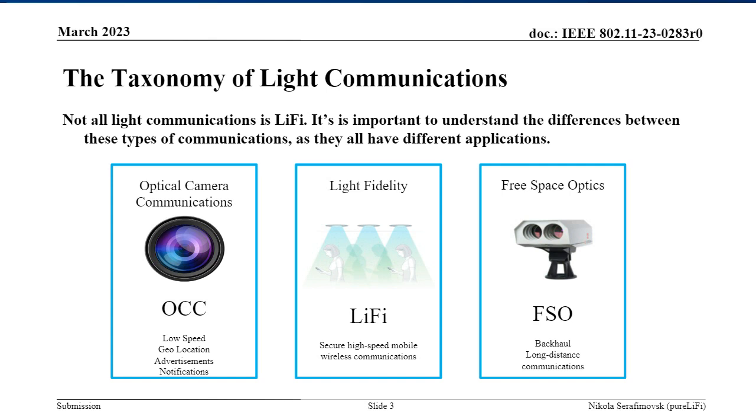This is typically called optical camera communications. Then there's Li-Fi, which is what we mean in 802.11bb by light communications, which is high-speed, secure, mobile wireless communication, effectively providing a substantially similar experience to traditional Wi-Fi, just using the light spectrum. And the third type is really free space optics, where it's point-to-point, relatively speaking, long distances, high-speed communications. So we will focus on Li-Fi in 802.11bb.